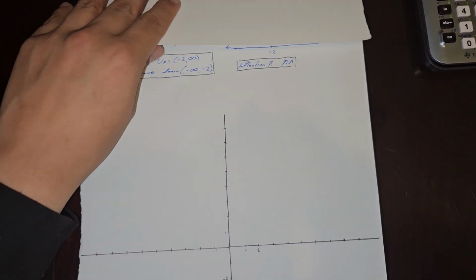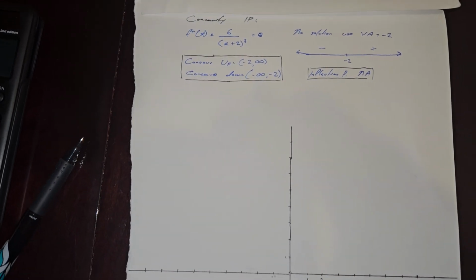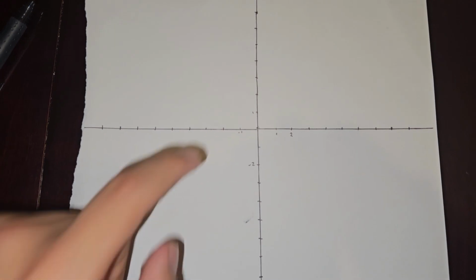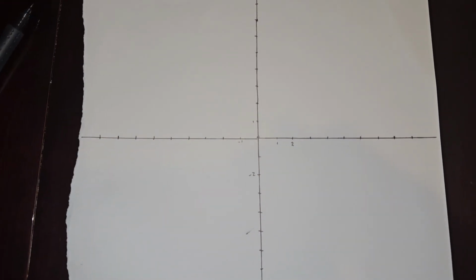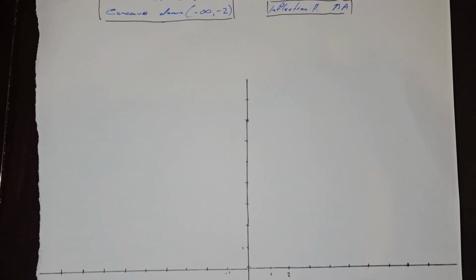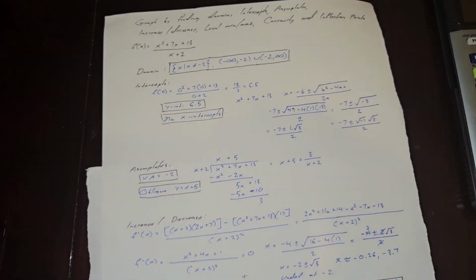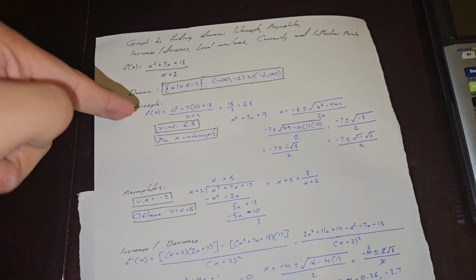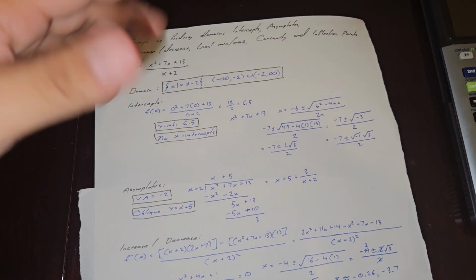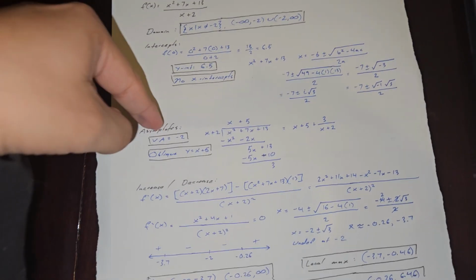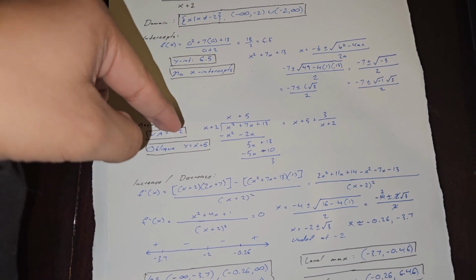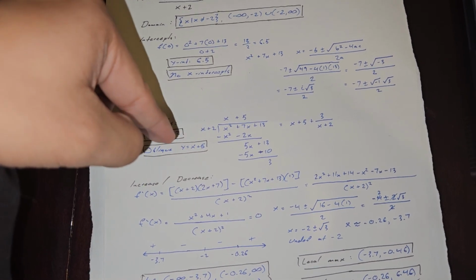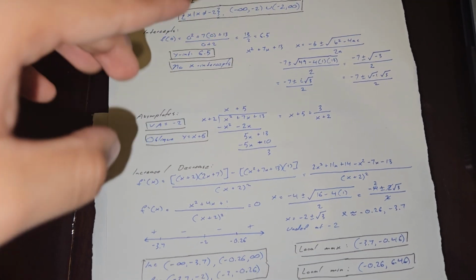Let's increase by 1, by the way. Let's graph our asymptotes first. If you remember, we established our asymptotes to be the vertical one at -2, and the oblique one, x plus 5.